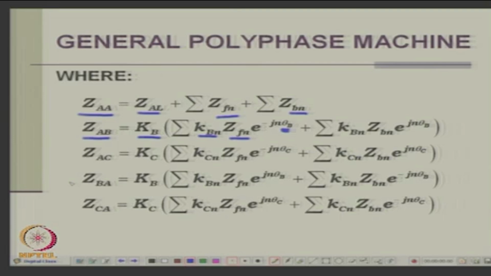So, for the forward field it will be e to the power of minus j n theta b, and the backward field will be e to the power of plus j n theta b.